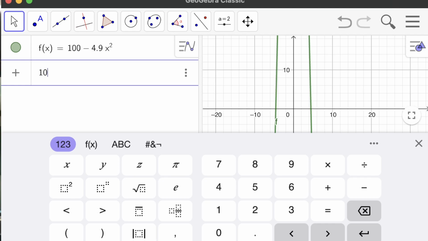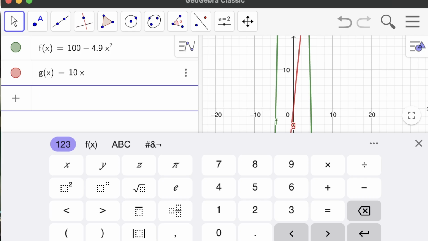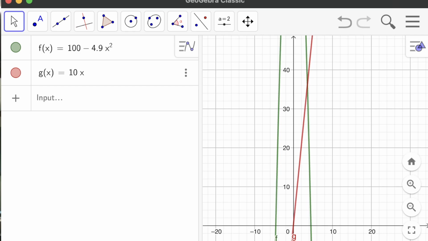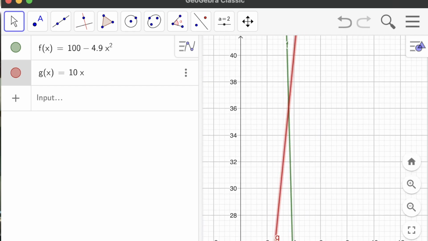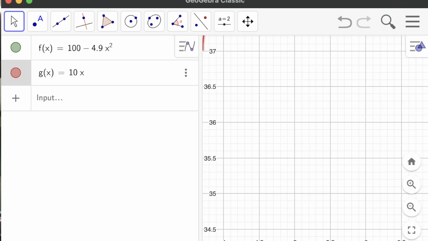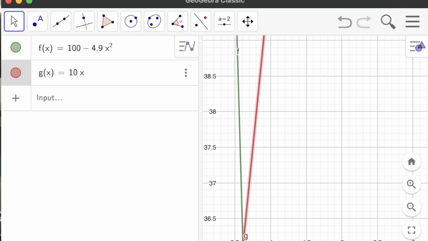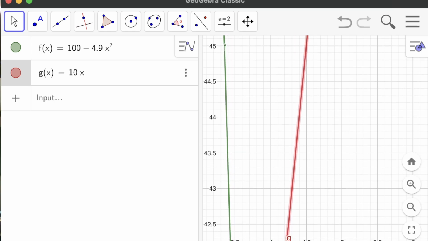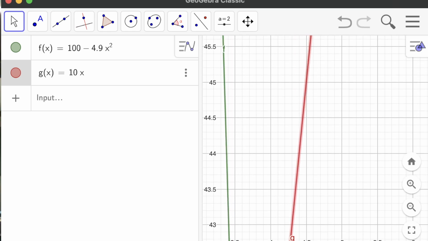So we're moving along at 10 meters per second times x number of seconds, and we'll see what we have here at 4.5 seconds. We'll zoom in on this portion of the graph a little bit. So here's 4.5 seconds, and it looks to be about 45 meters.